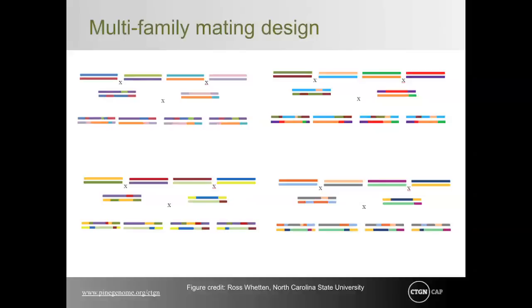The lowest possible minor allele frequency in this pedigree would be 1 in 32, or 0.03125, for an allele that occurs in only one of the 32 parental haplotypes, shown in different colors here.